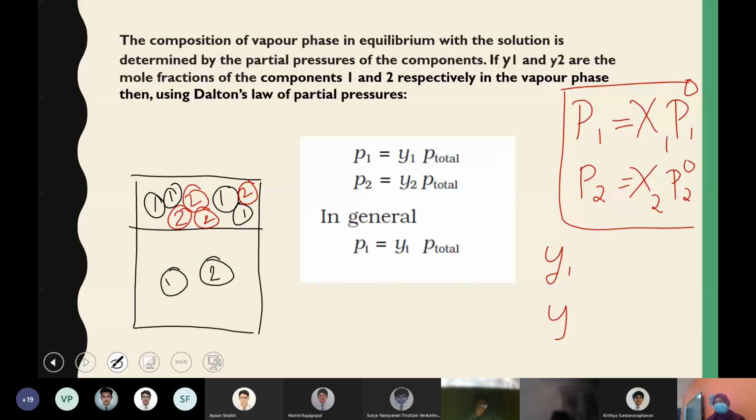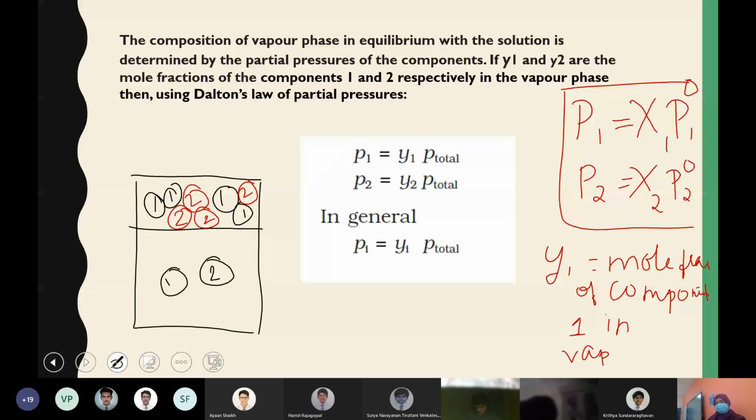So Y1 is the mole fraction of component 1 in vapor phase. Similarly, Y2 will be the mole fraction of component 2 in vapor phase. So Y1 and Y2 are the concentration of component 1 or 2 in the vapor state.